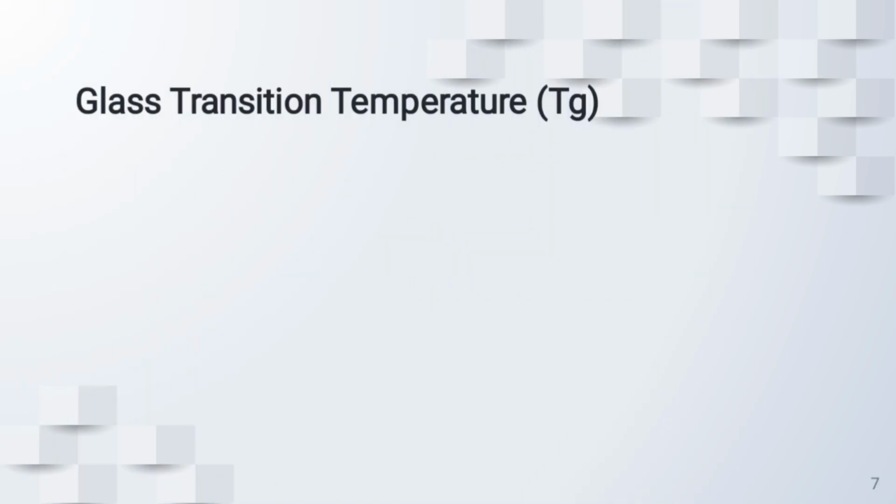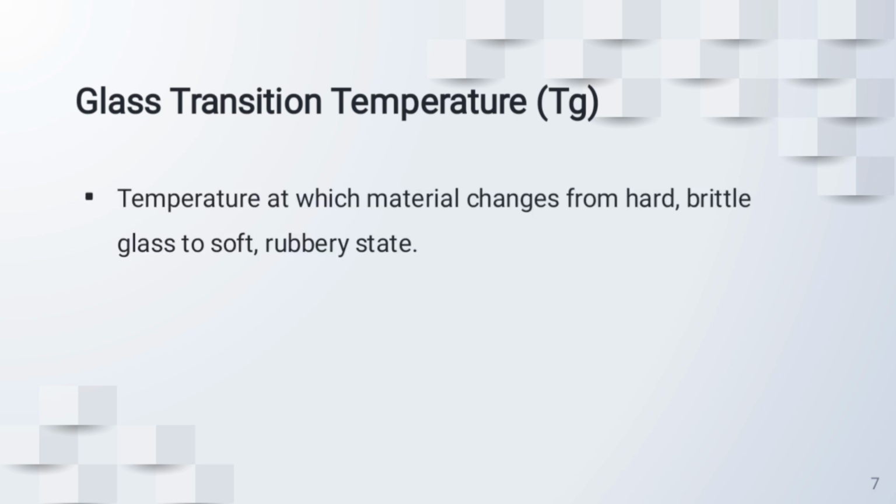Now we will see the glass transition temperature, that is Tg. It is the temperature at which a material changes from a hard, brittle glass to a soft, rubbery state. So students, the temperature at which an amorphous solid transitions from glassy to a rubbery state is called the glass transition temperature.